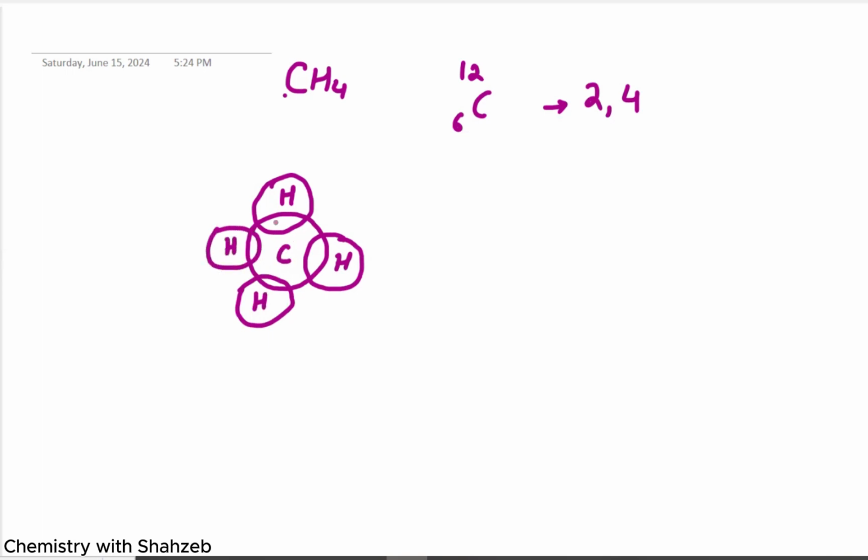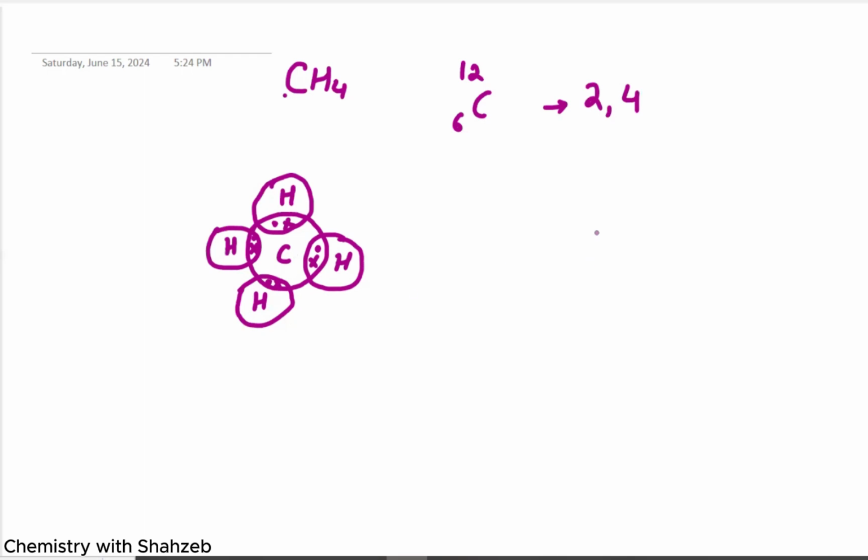This is carbon. So 1 electron comes here, like this, like this, like this. You can now see that the outermost shell of carbon is fulfilled. Now it has 8 electrons: 1, 2, 3, 4, 5, 6, 7, 8. So its octet is completed and the duplet of hydrogen is also completed.